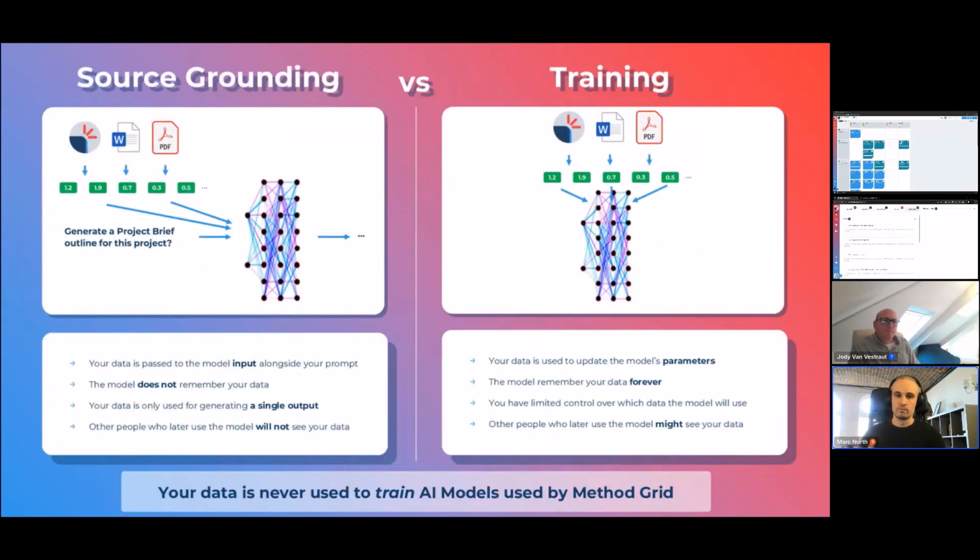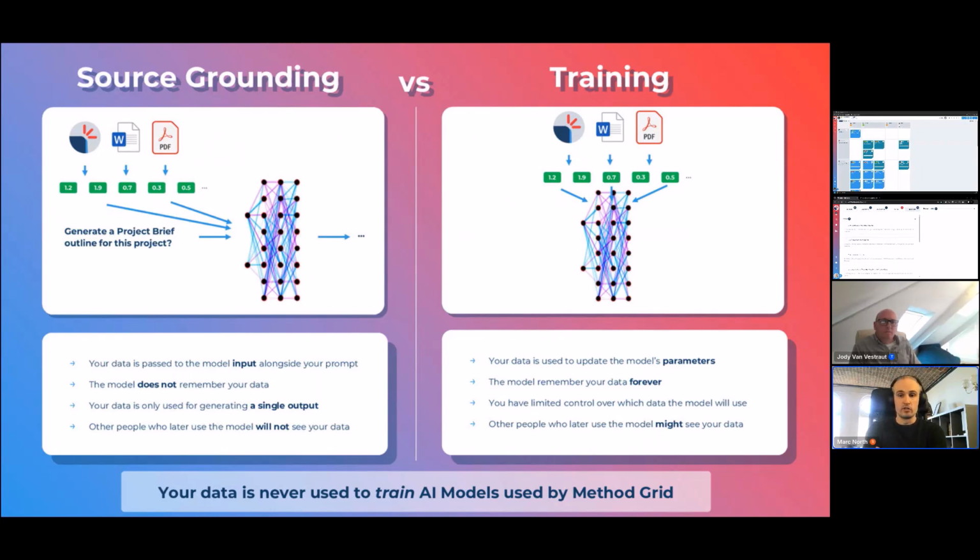Here's a quick comparison of the two. As I said, when you train an AI model, you're actually updating the model itself. You're changing the model. You're updating its parameters so that it now knows the information you're giving it forever. It's impossible to get that information out of the AI model once it's in there.